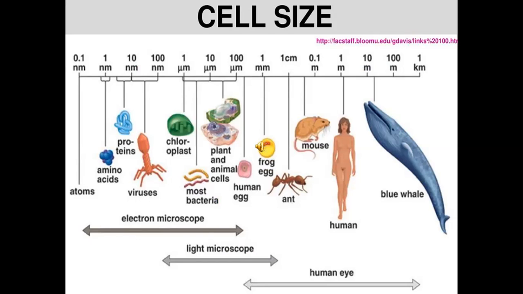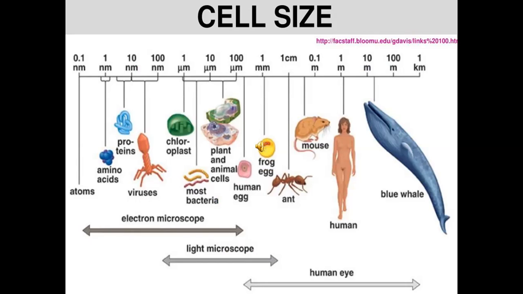On the other hand, the largest cell is the egg of an ostrich with 170 millimeter width. We can see this with the naked eye. In the human body, the nerve cells are believed to be the longest cells. Some cells are given here.